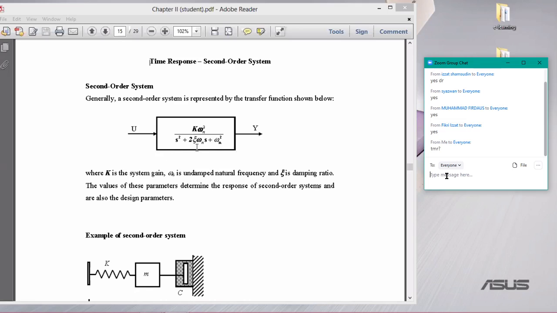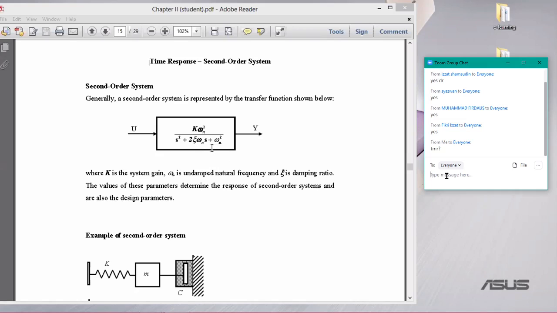In general, the simplest second order system can be written as given on your notes. Here, K, omega n, and zeta are just parameters. They are just constants. It is written that way so that we can discuss the response depending on these parameters.